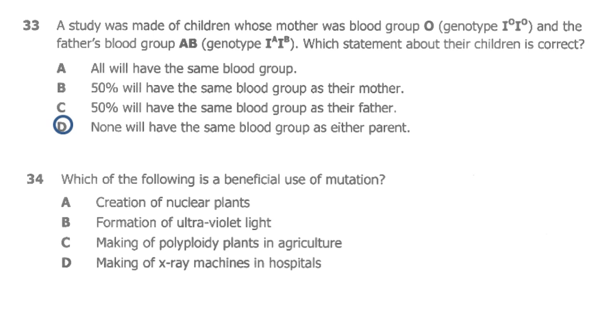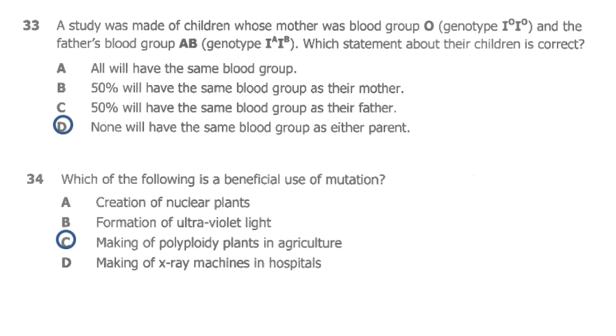34. Which of the following is a beneficial use of mutation? A. Creation of nuclear plants. B. Formation of ultraviolet light. C. Making of polyploid plants in agriculture. D. Making of X-ray machines in hospitals.